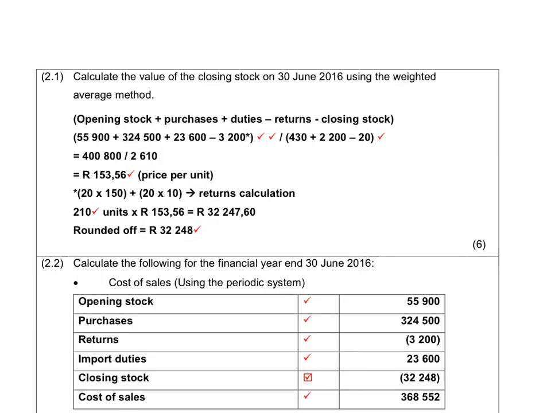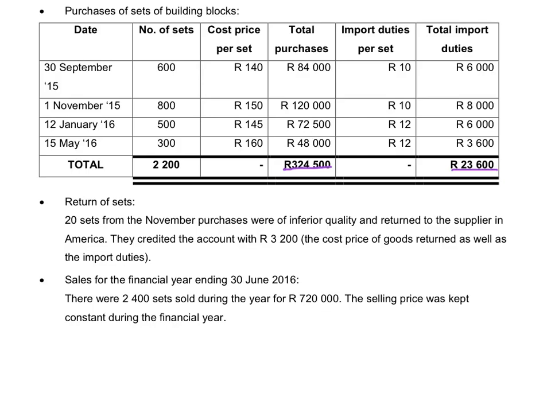To calculate the total value of our stock, we will take this opening inventory of 55,900 plus the purchases plus the import duties, and if there was carriage on purchases, you would also add the carriage on purchases. Return of sets.